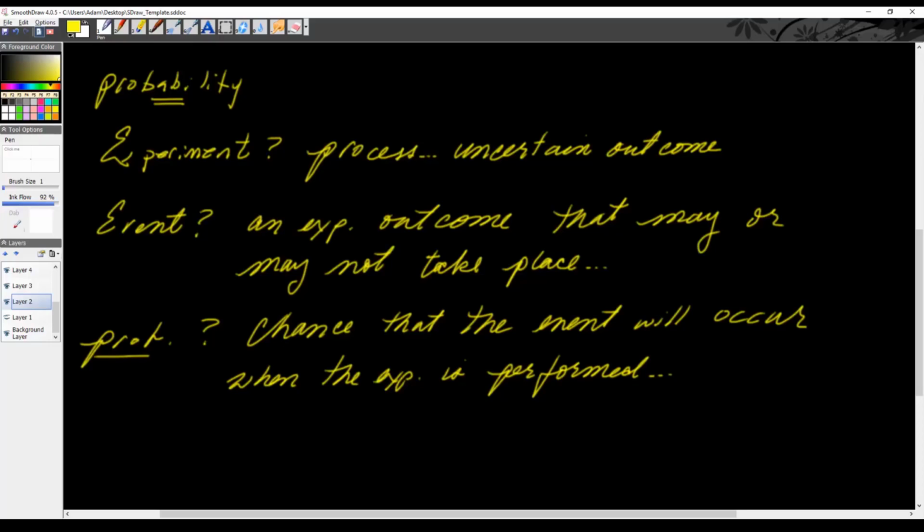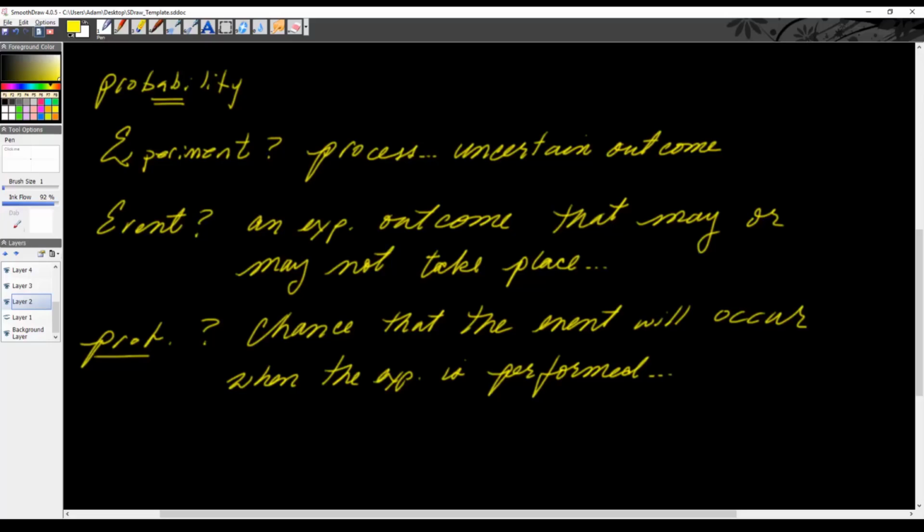For all practical purposes, the probability of an event is simply the proportion of time the event would occur if the experiment were performed a large number of times. So for example, the experiment of flipping a coin: what's the proportion of time that heads will occur if I perform that experiment 100 times or 1,000 times? Obviously that proportion is about 50%. So that's all a probability is.